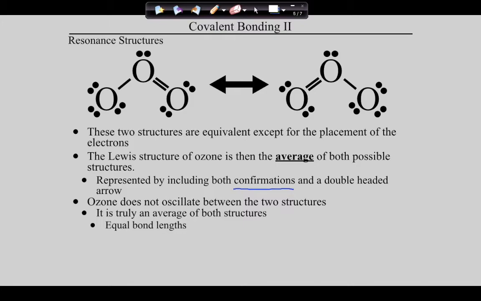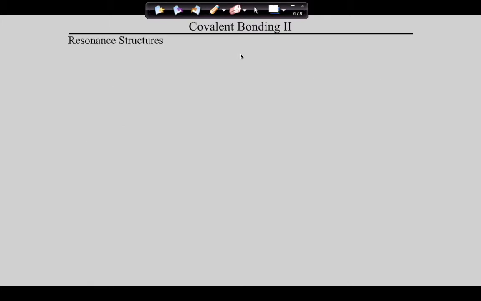Okay, so are you good there? Are we all okay? Then the question is, how are we going to talk about this? So let's talk about how we're going to talk about this. These are the terms that you need to use when you're describing this phenomenon. The first term is resonance stabilized molecule.